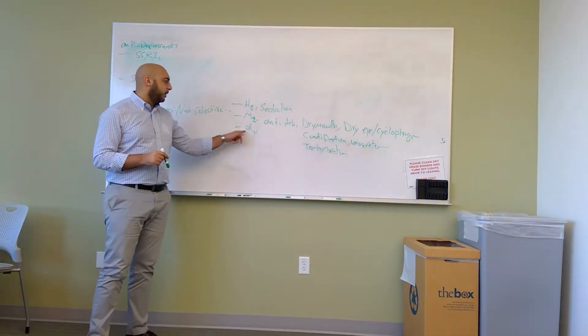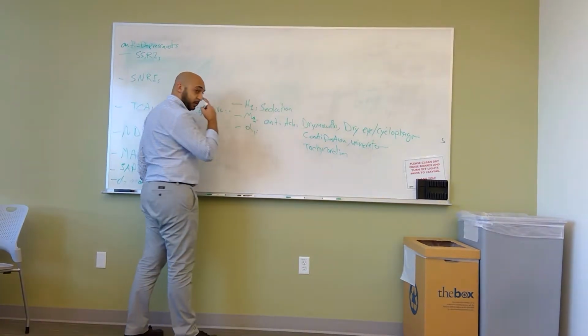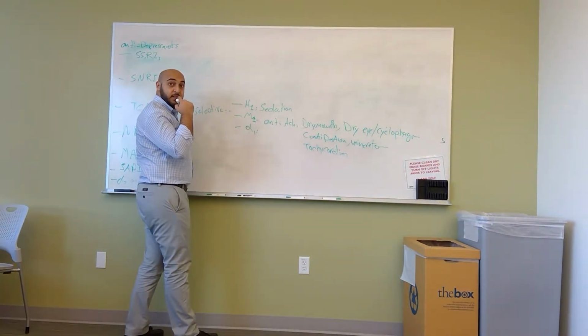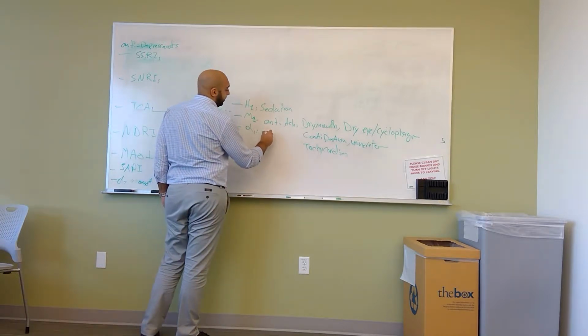More importantly, what happens if you block alpha-1? Decreased blood pressure. Hypotension. How is it going to be clinically shown? You get orthostasis.